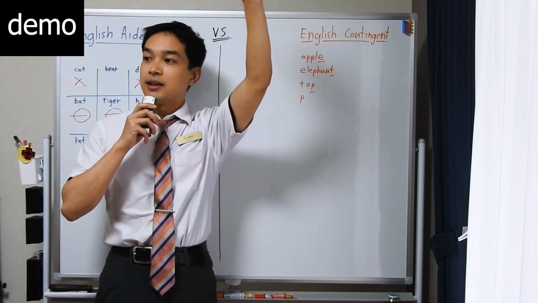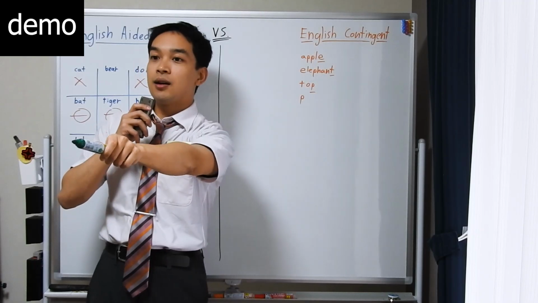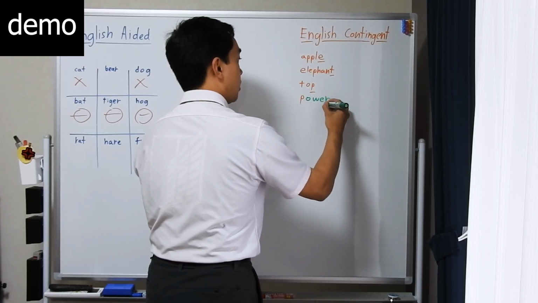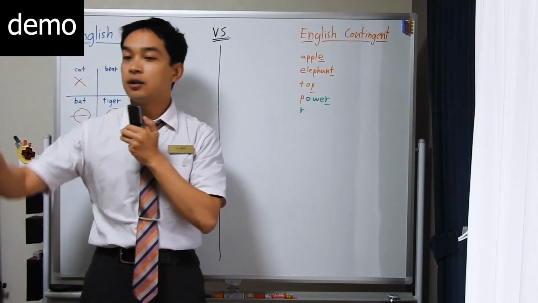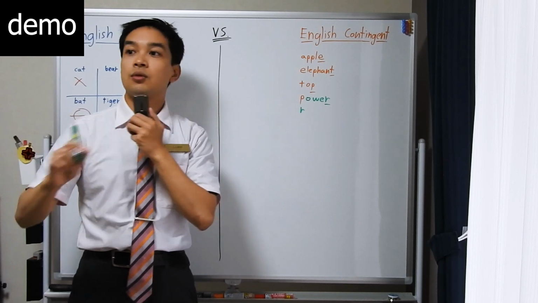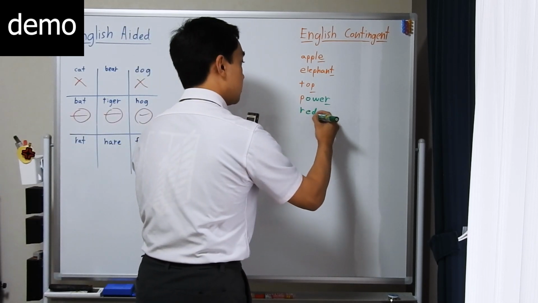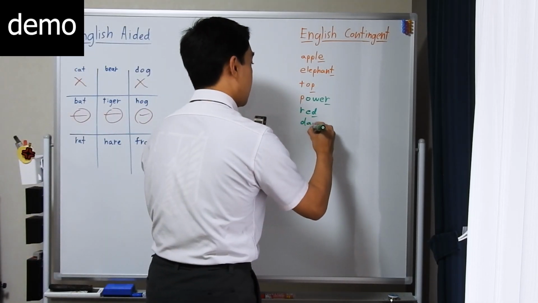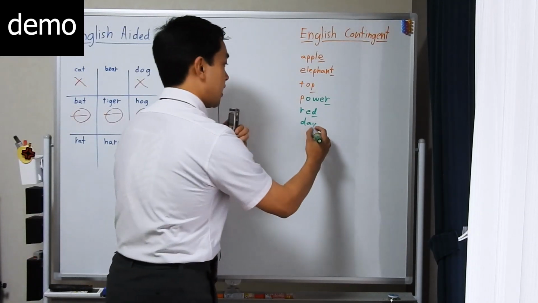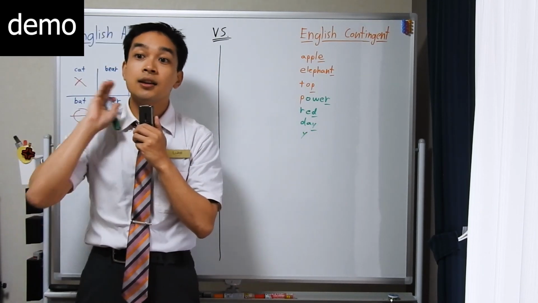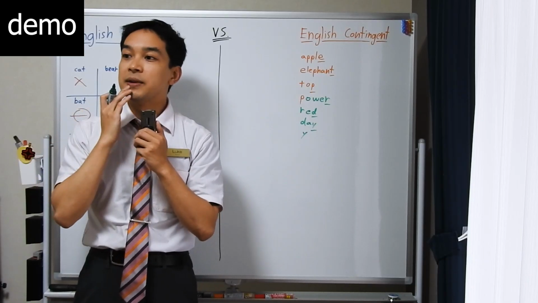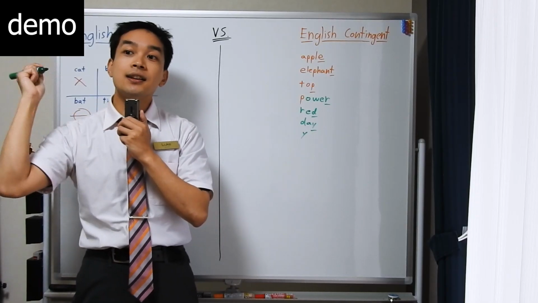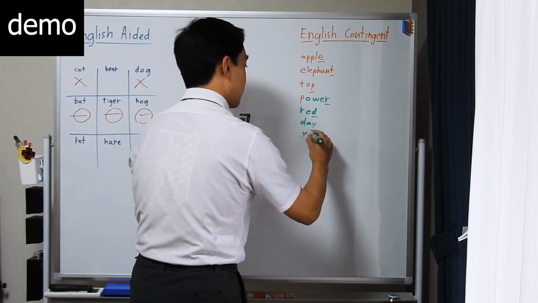Hands up. P. Let's do P. Power. Power. Very good. I like that. Next word, R. R. Red. Red. Very nice. D. Next word, D. Day. Day. Excellent. You guys are very good. Why? Why is a challenge? What's why? Maybe tomorrow, today, Yesterday. yesterday. Very good.